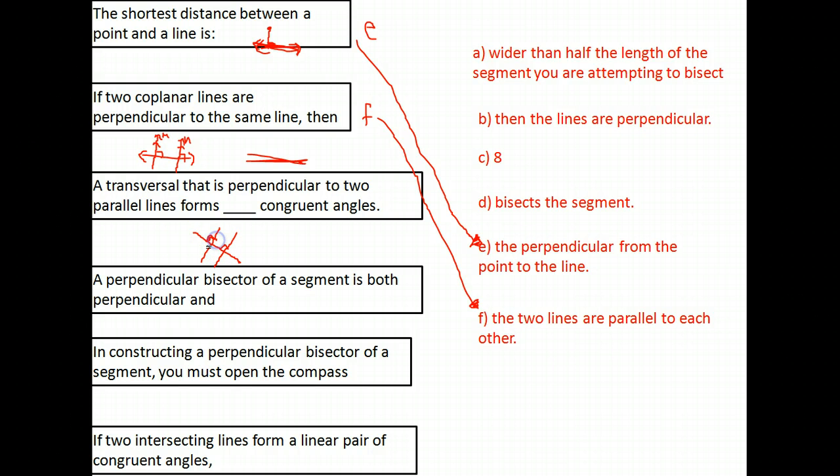Well, if it's perpendicular here, that's 90. It makes actually all of these 90, because when perpendicular lines intersect, it makes 4 90-degree angles. The same thing happens down here, making 4 90-degree angles. So we had 4 90-degree angles at each line. 4 and 4 gives us 8 congruent angles. So the answer there would be 8. Or option C.